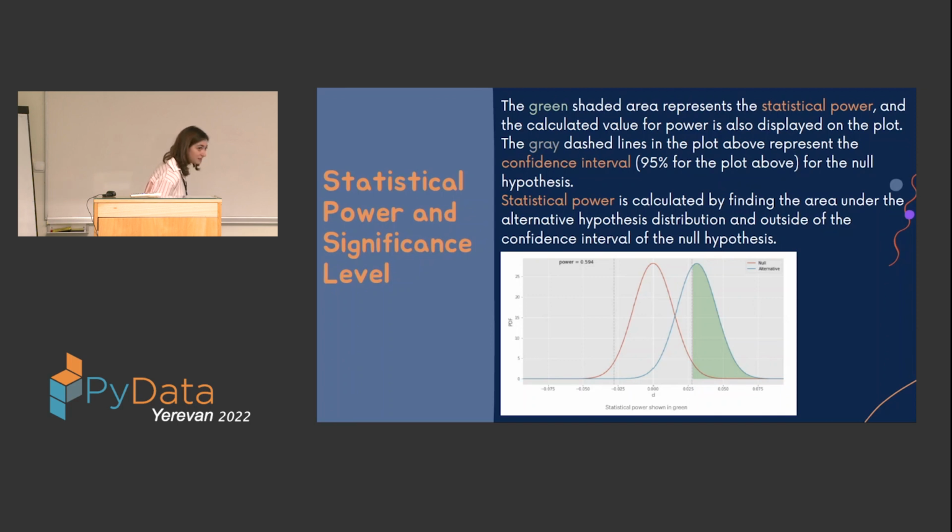The gray dashes. Yeah, so they're dashes which show the confidence interval for our histograms. From stats we know that if we want a 95% confidence interval, it's about 3 sigmas. So it's this line, and there is one from here.